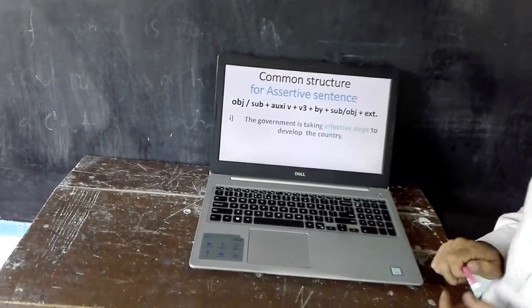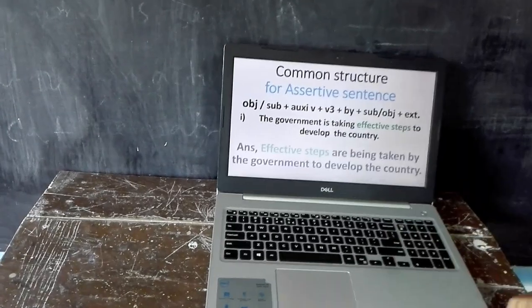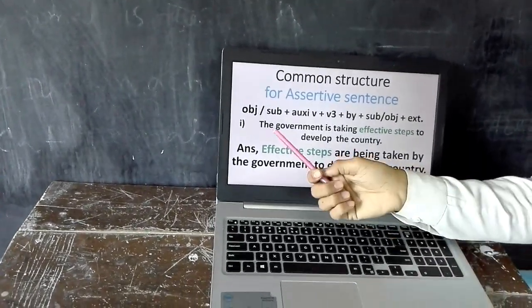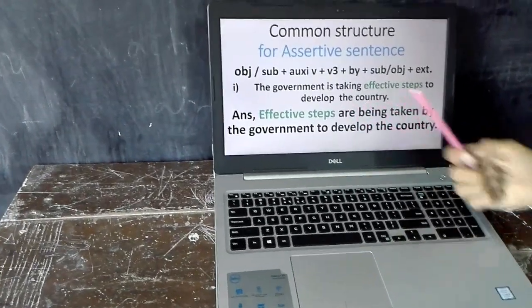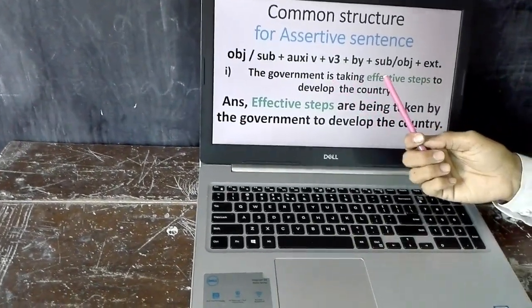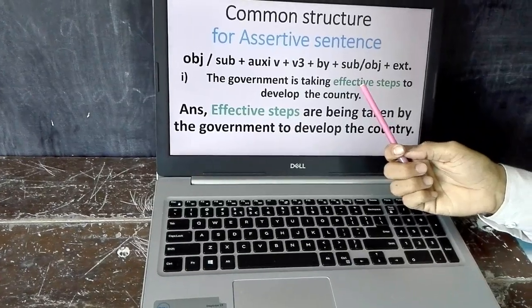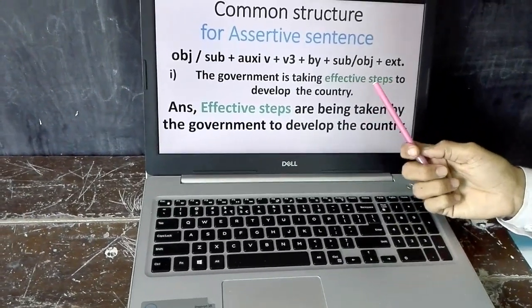Let's match the structure with a sentence. Here is another sentence: the government is taking effective steps to develop the country. And here the object of this sentence is effective steps.